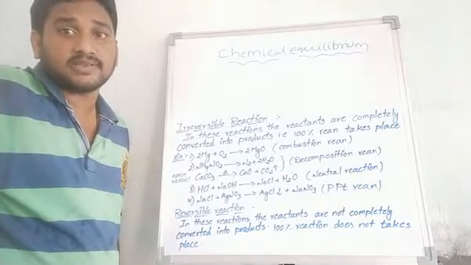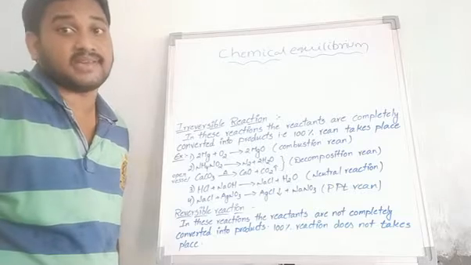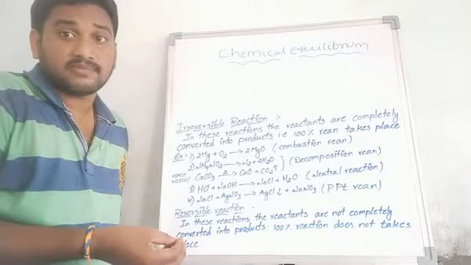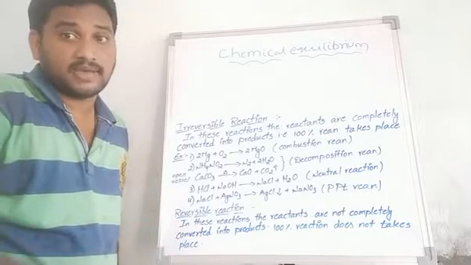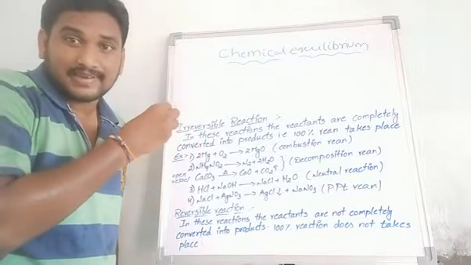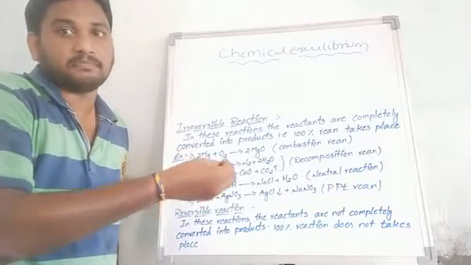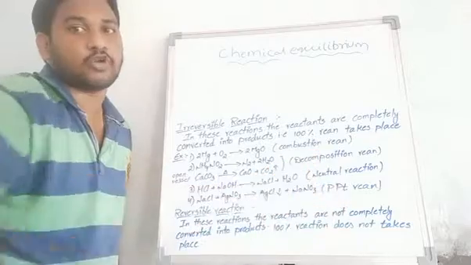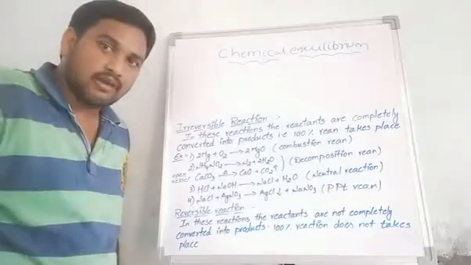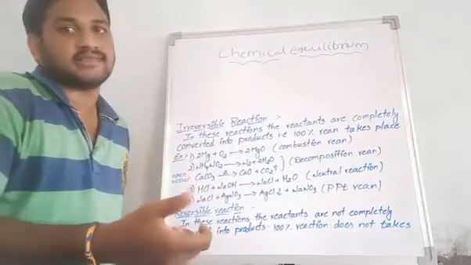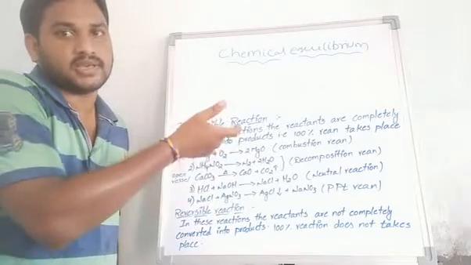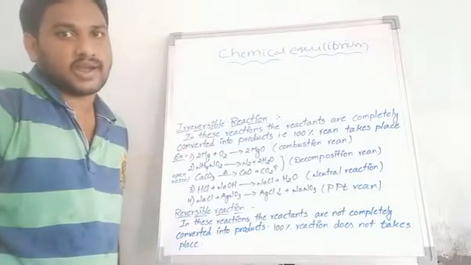Okay, students, next one is the neutralization reaction. Neutralization reaction you have already learned in a previous class. Neutralization means salt formation, that is, the reaction of acid and base to form salt and water molecule. Students, all neutralization reactions are examples of irreversible reactions. Why?